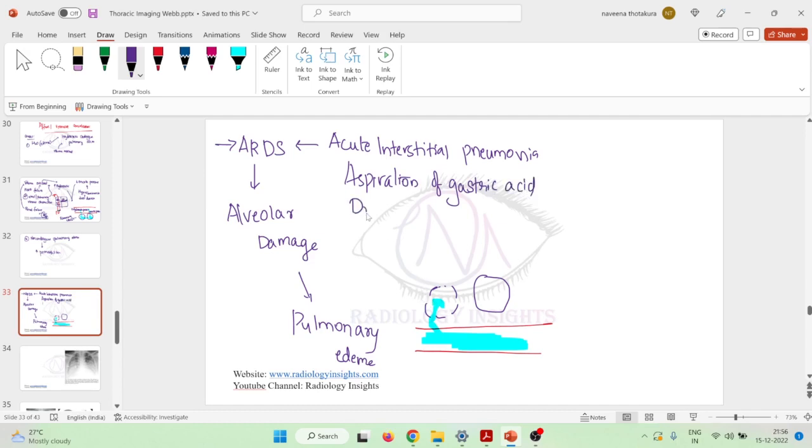If the patient ingests some drugs, or has a fat embolism, or has any infection or conditions like sepsis.